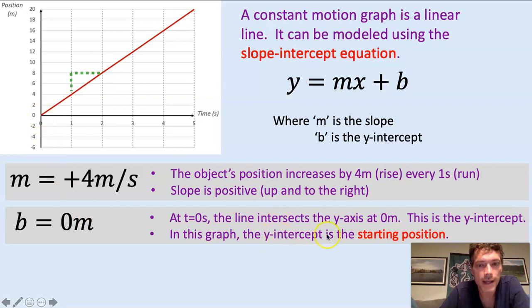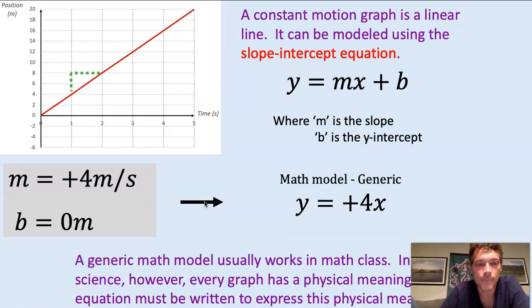And so the y-intercept is actually representing the starting position on a position time graph. So if this is the slope and this is the y-intercept, you can plug that into your generic math model. So y equals 4x. You could write plus 0, but you don't need to write it because it doesn't exist.